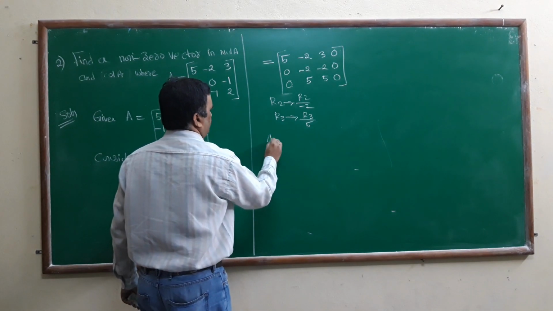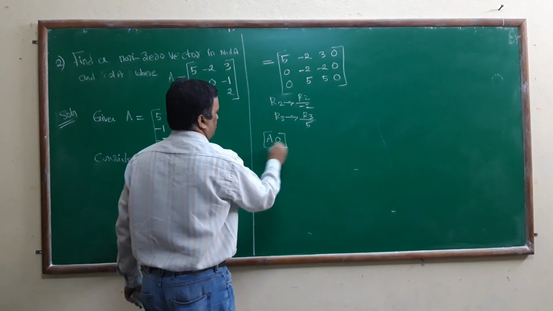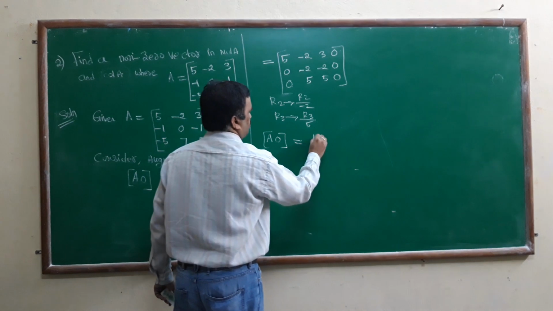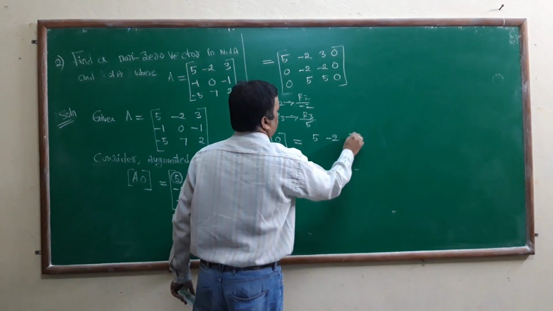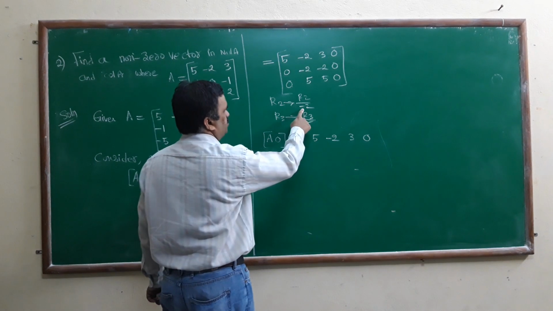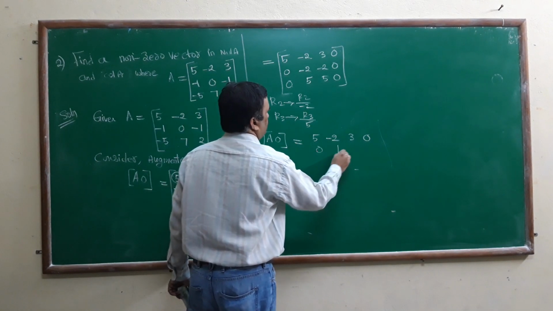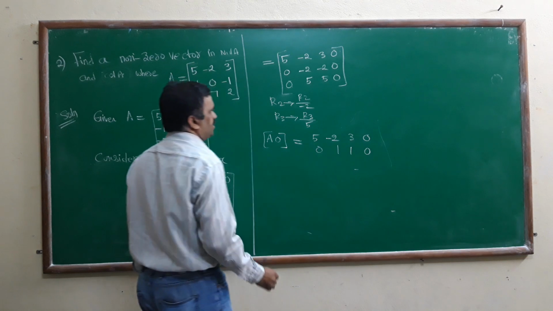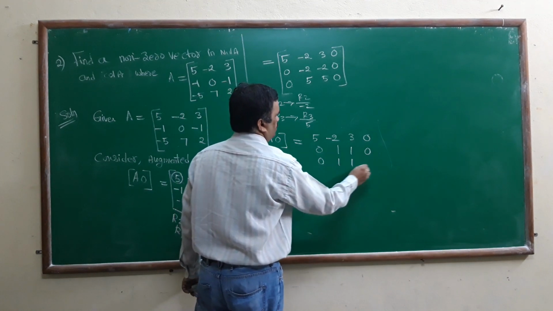Augmented A0 is equal to: first row 5 minus 2 3 0. Second row, by minus 2, I can write 0 1 1 0, and similarly 0 1 1 0.